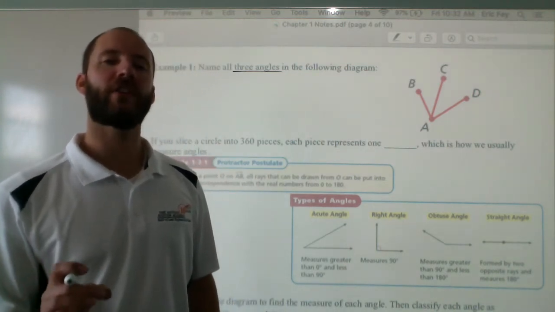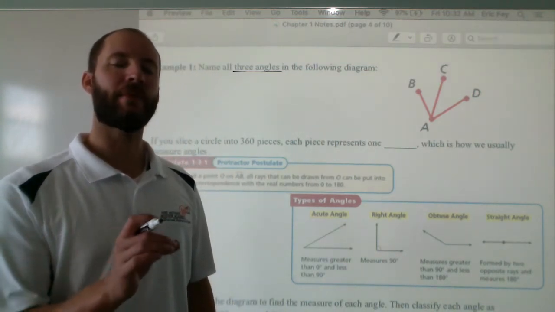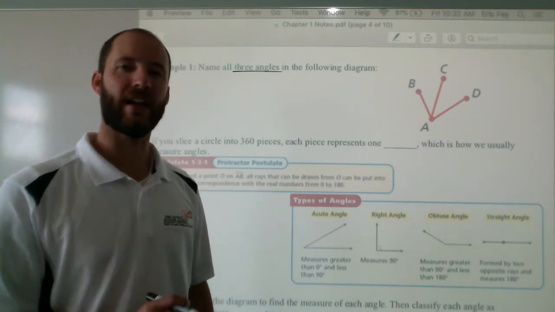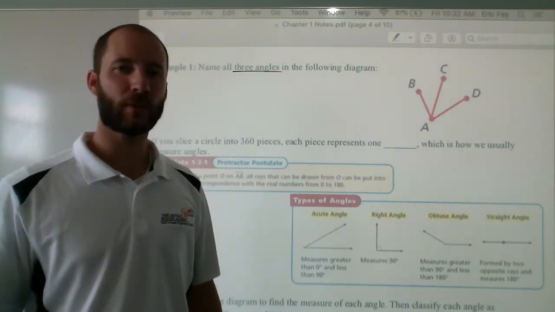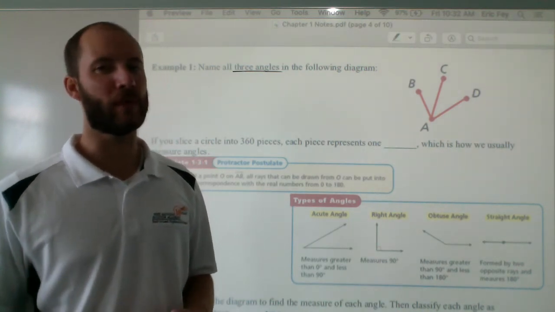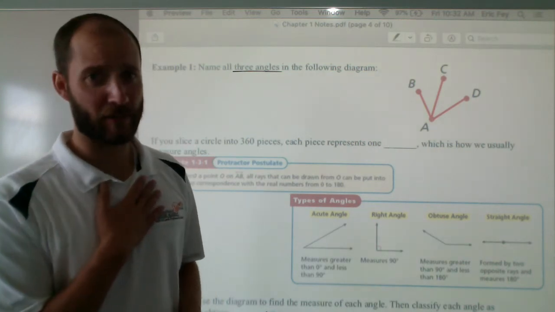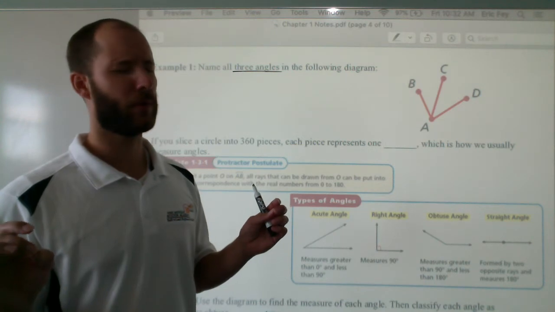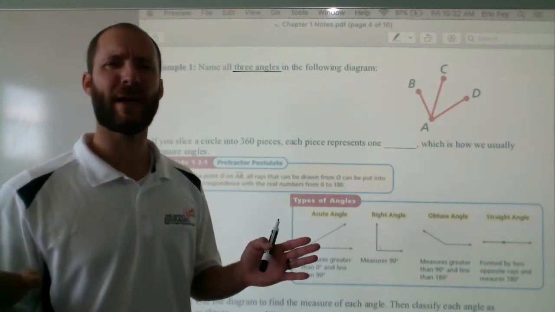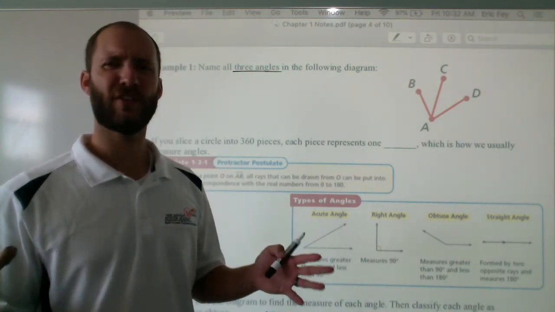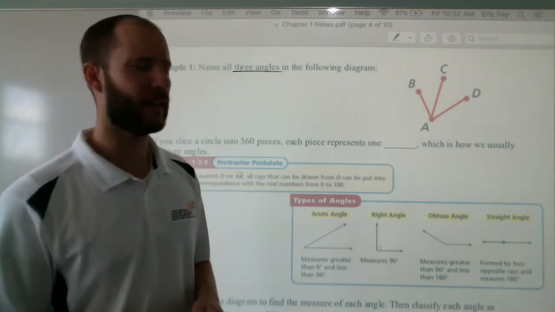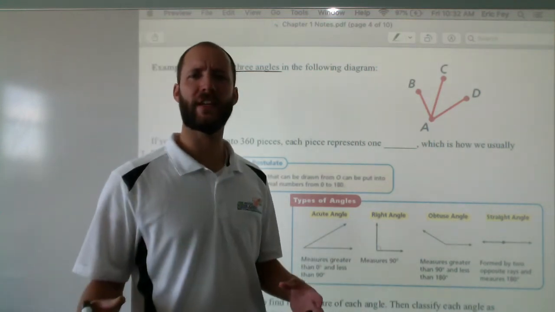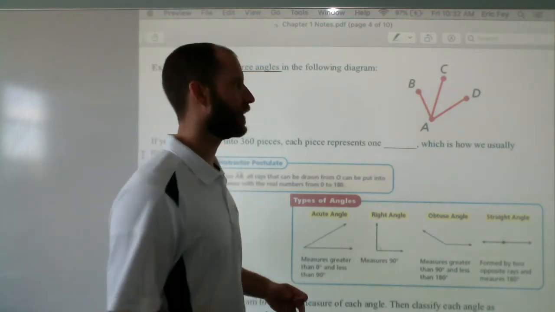All three of those angles have a common vertex of point A. So if you say angle A, which one are you talking about? It's a little ambiguous. And I am all about my favorite word here, specificity. Just say that. Specificity. Just feels good to say. All right? But you have to be specific and intentional with your language.